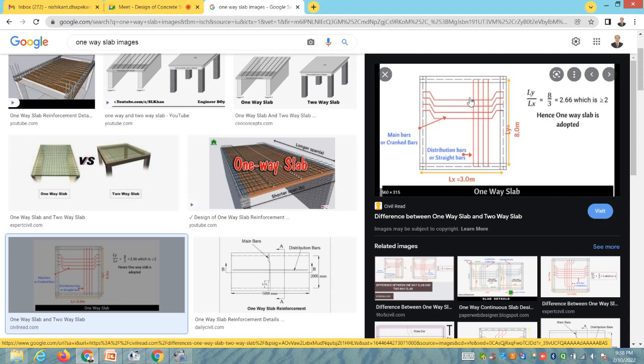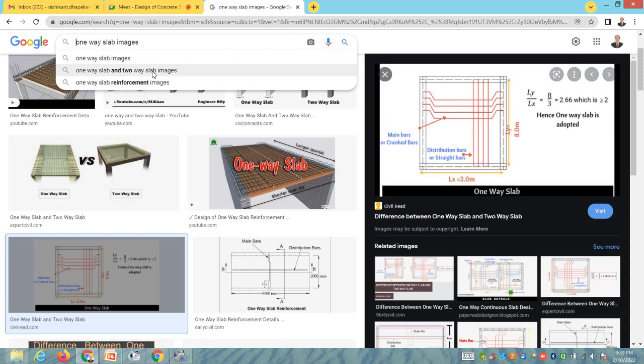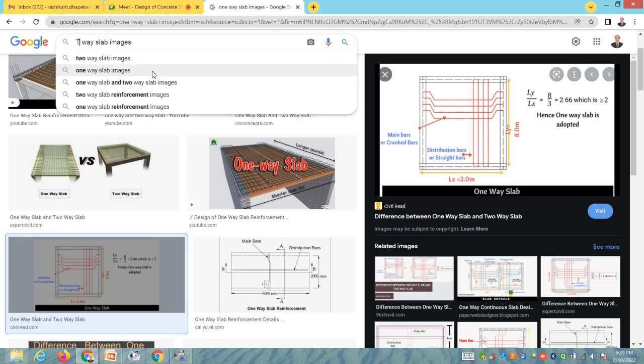And perpendicular to these main reinforcement, distribution bars, as we call them, are provided. So in one-way slab, main reinforcement is provided along only one direction.